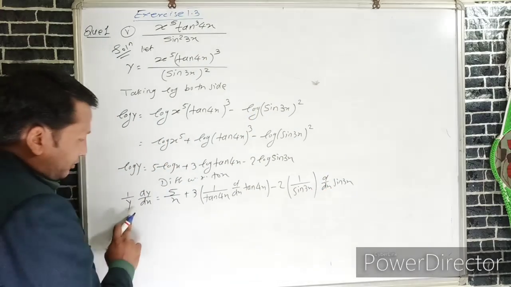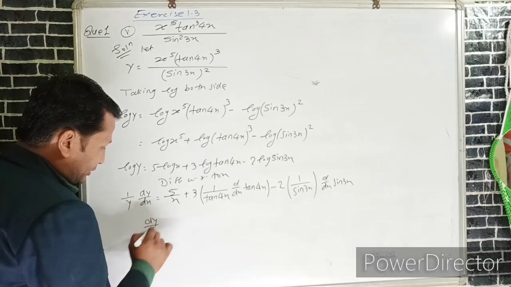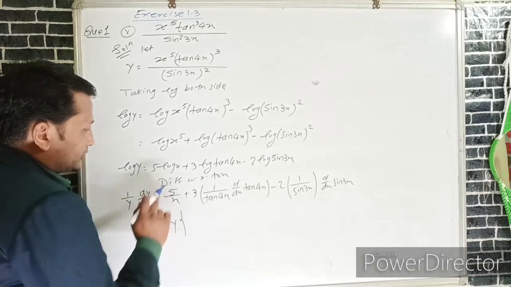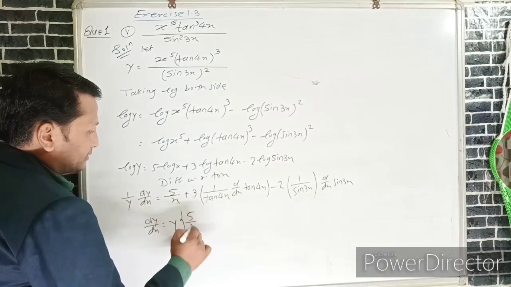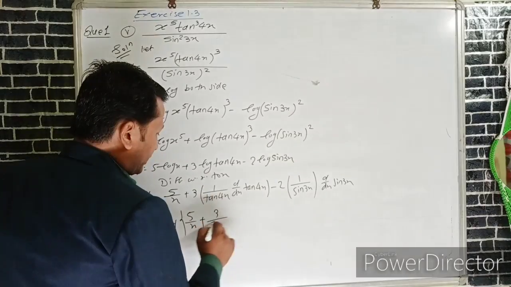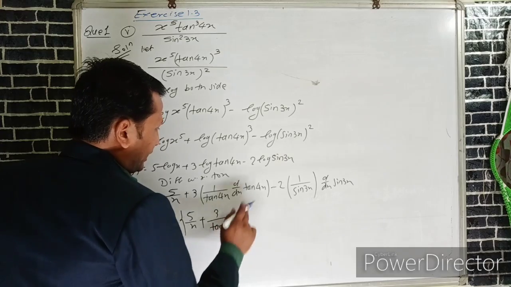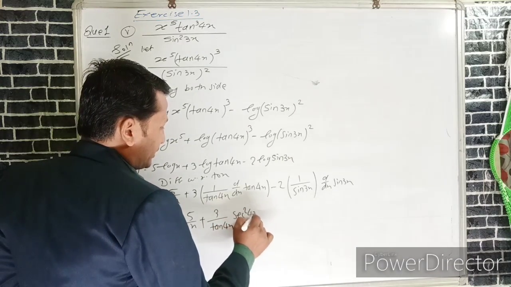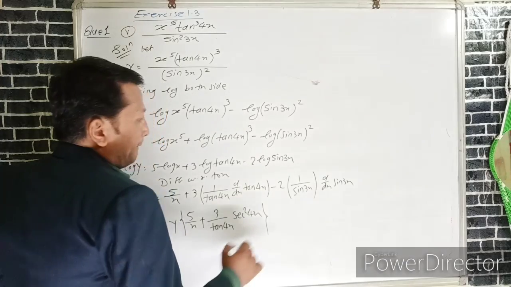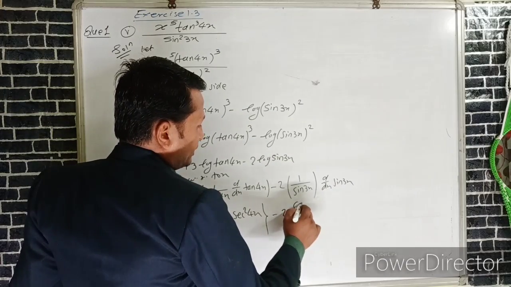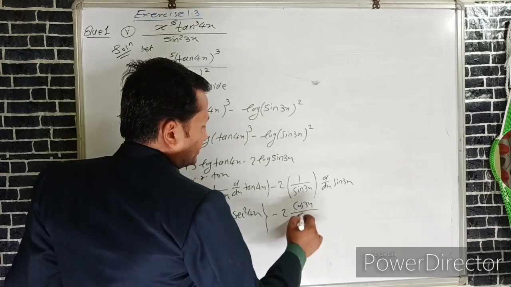Here if we take y to the right side, then dy upon dx is y into 5 upon x as it is, plus 3 into 1, that is 3 upon tan of 4x, and the derivative of tan 4x is sec square 4x, minus 2 into the derivative of sin 3x, which is cos of 3x upon sin 3x.